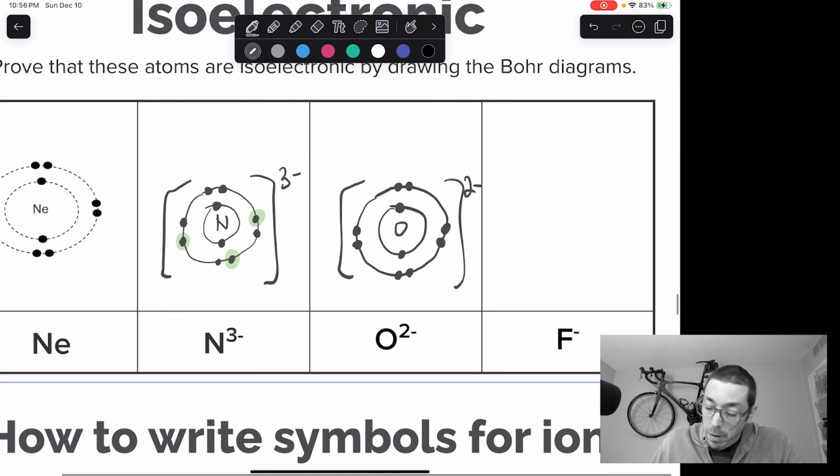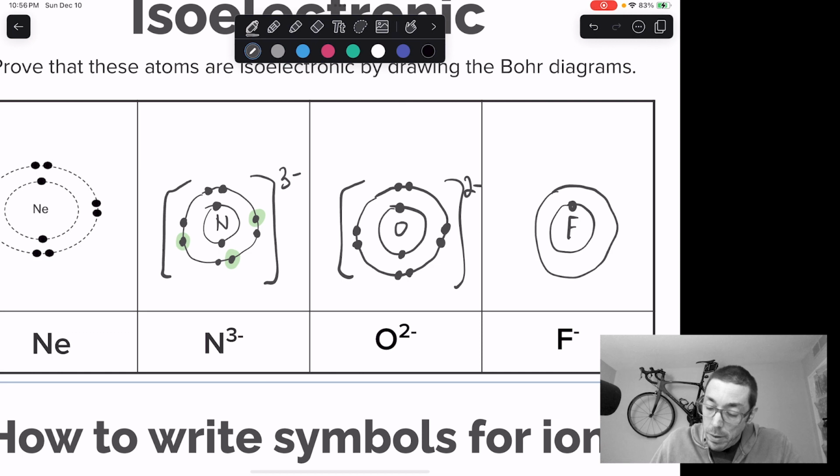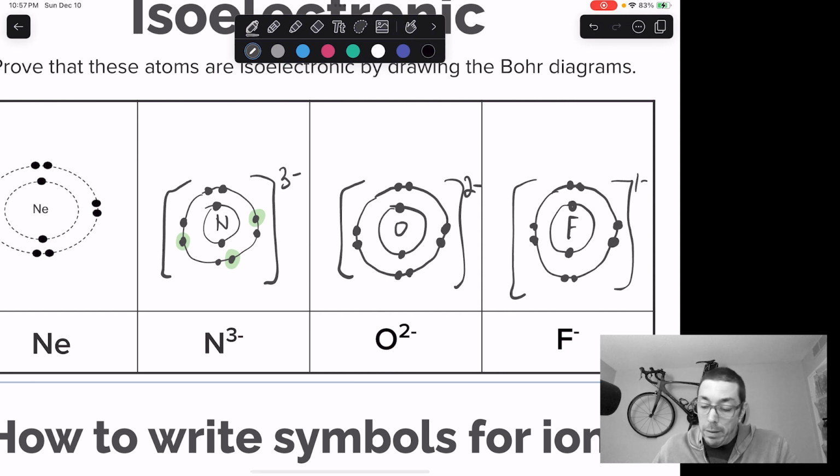And we'll finish things off with fluorine. Originally it had 7 as a neutral atom, and if it found its 8th, then it filled its valence ring and gave it a 1- charge.